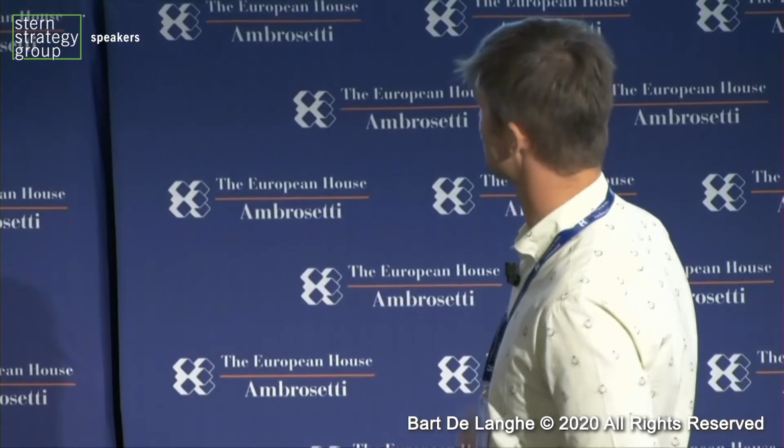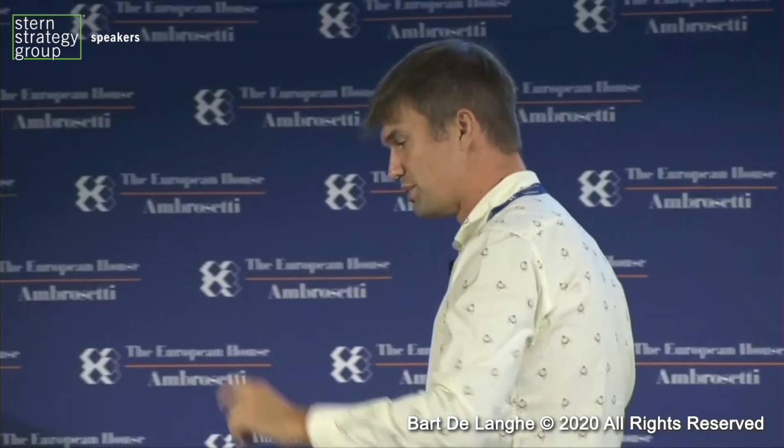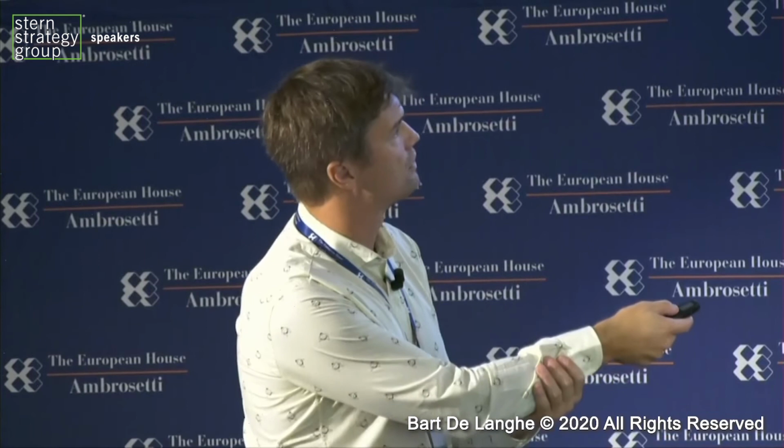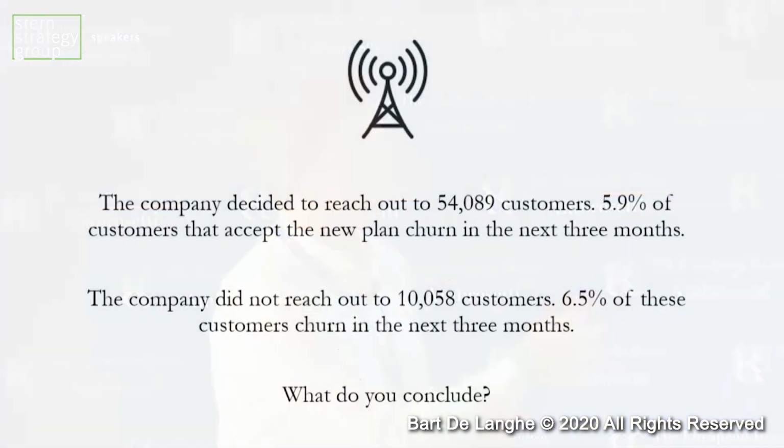Then let's think about these churn numbers here, because sometimes experiments are interpreted in a flawed way. So they're finding that 5.9% of customers that accept the new plan churn in the next 3 months. 6.5% of customers that they didn't call churned in the next 3 months.